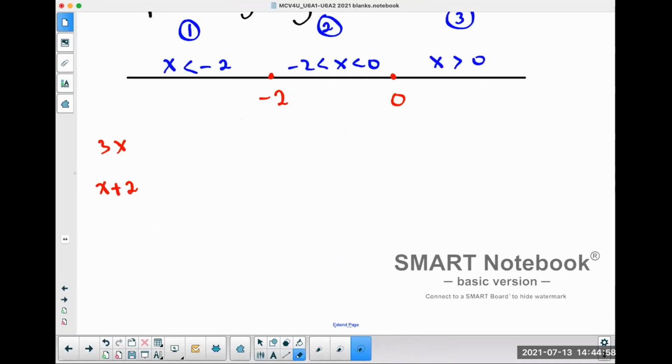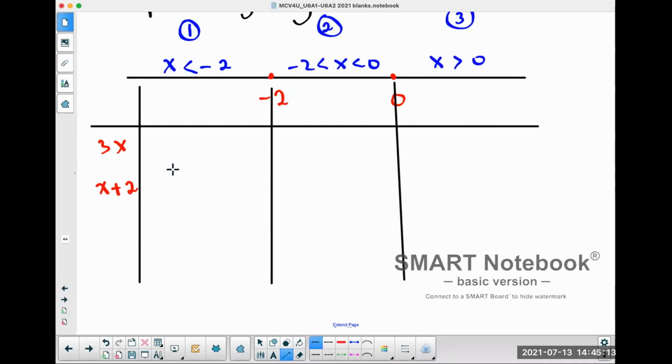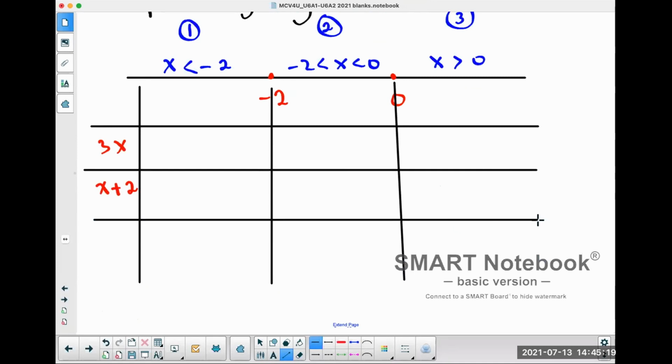Then I need to test each of the regions. I have one region here, one region there, and the final region over here. I'm going to check by putting a number within each of those regions into those two factors to see if it's positive or negative.